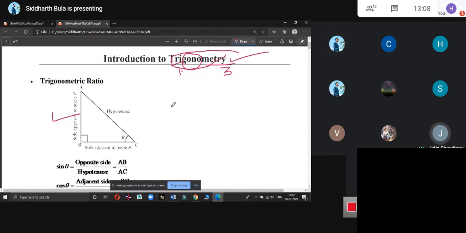Right angle triangle, equilateral triangle, isosceles triangle. Okay, these are three. Sir, may I tell? Sir, equilateral triangle, scalene triangle, and isosceles triangle, according to their sides. Okay, Vidushi. So, based upon the sides of a triangle, you are categorizing them into three. But what if I say there are four?